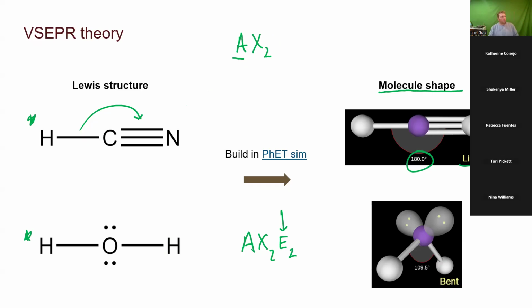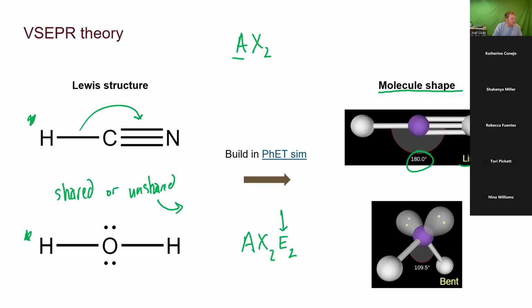Now, with that in mind, what we usually do is we look at the central atom and refer to electrons, whether they are bonded or non-bonded, or shared, I'll say shared, or unshared electrons.